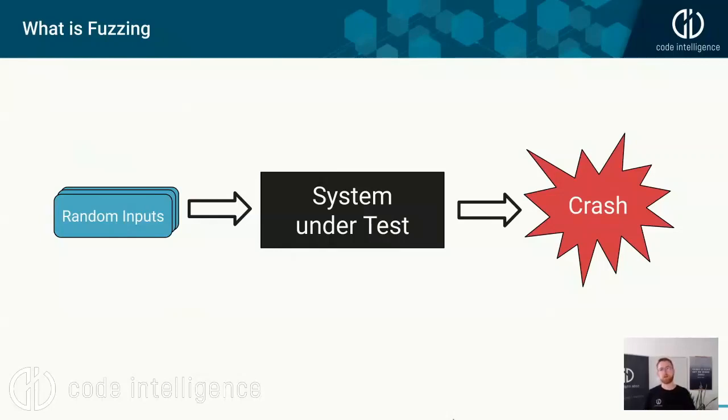The interesting part is that the fuzzer not only tries to create one input, but it tries to generate as much input as possible. And it can do so in different ways. For example, it could use a structured approach where some kind of specification is used to generate input, or a mutation-based approach where input is evolved like in genetic algorithms. The system under test in this scenario is, like you see here, a black box.